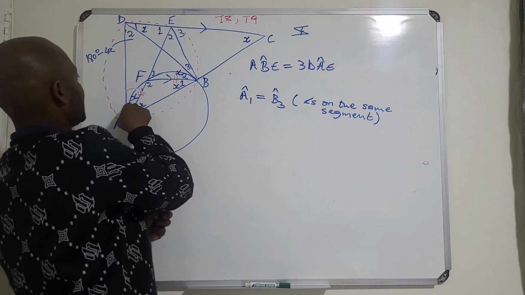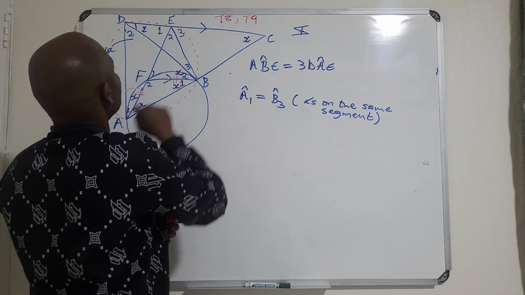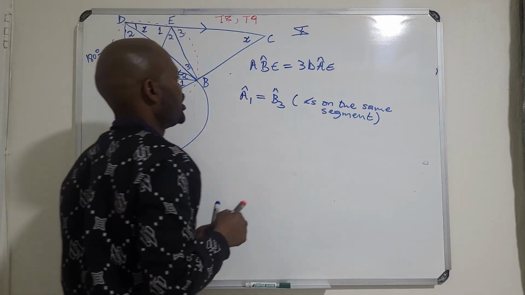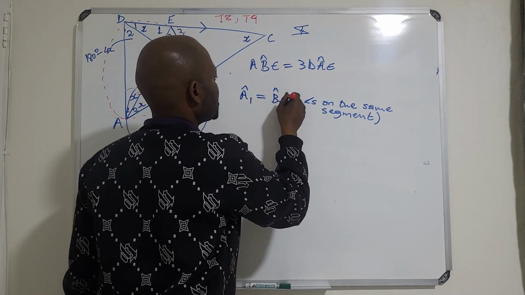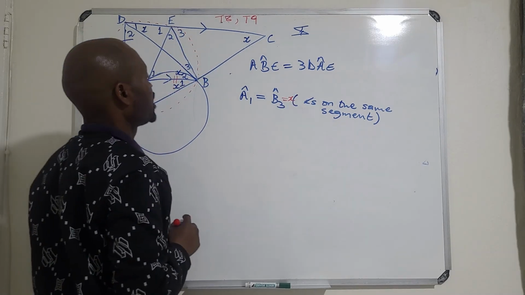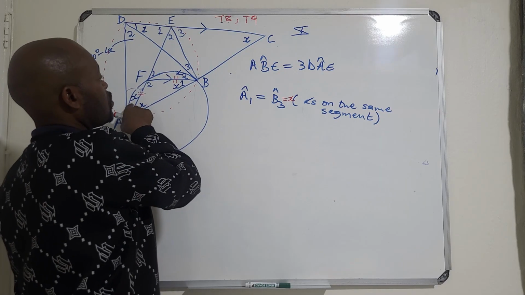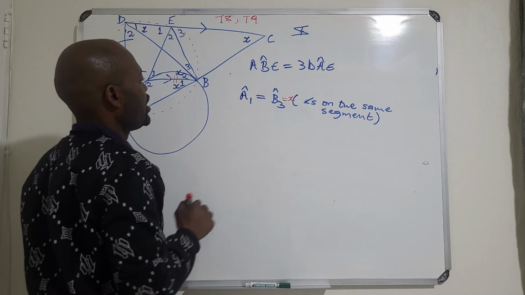Now, this angle is equal to that angle, angles on the same segment, on the major segment of this imaginary circle. Therefore, this is equal to x. We must not forget that, because A1 is equal to x. Therefore, it is equal to x there.